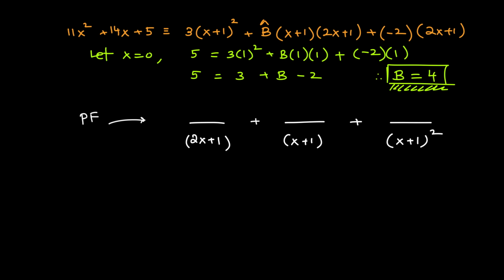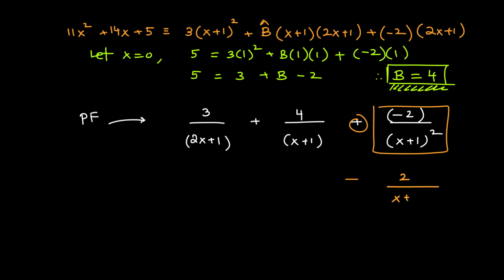The first one had a value of a, which came out to be 3. The second one, the b, was the numerator, and the value came out to be 4. And last but not the least was c. The value of c was -2. So either you can write it as it is, or you can write this last fraction as -2 over (x plus 1) whole square. We have successfully solved the first worked example.